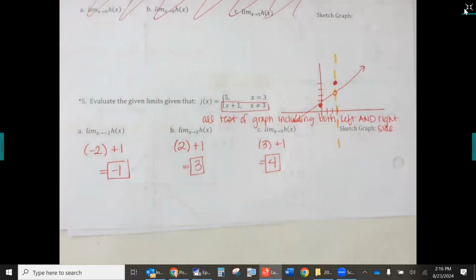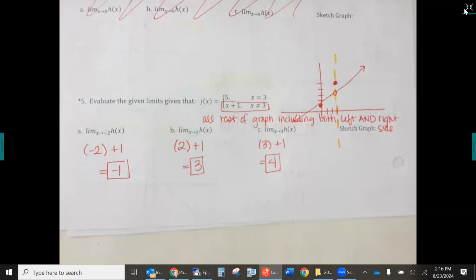Let me explain it one more time. Remember, your breakdown is for 3 or not 3. If I want to trace from the left side of the line, I would cover up the graph. Everything over here is gone, right? As I get closer and closer, are my x's 3 or not 3? They're not 3 because they're less than 3, right? I don't care what happens here.